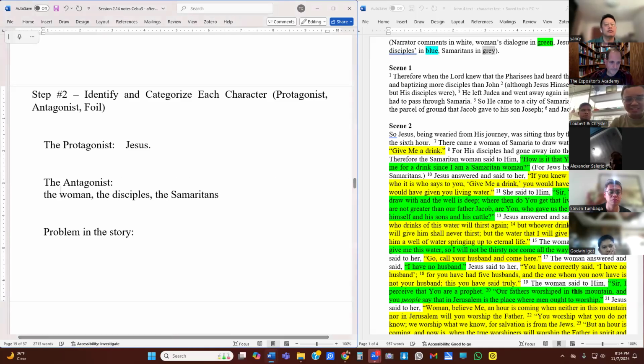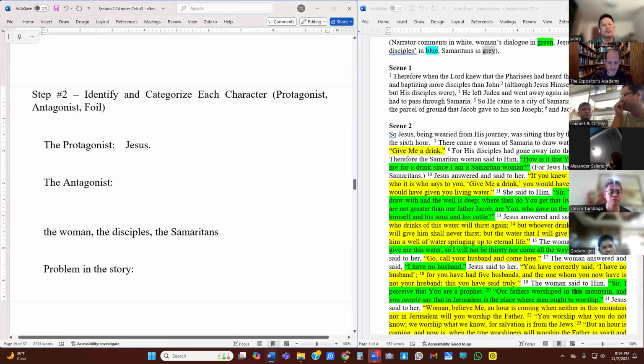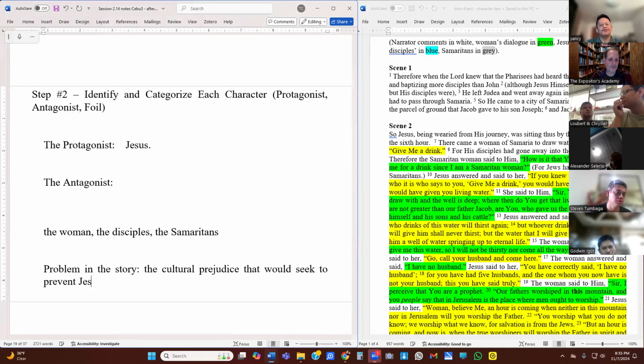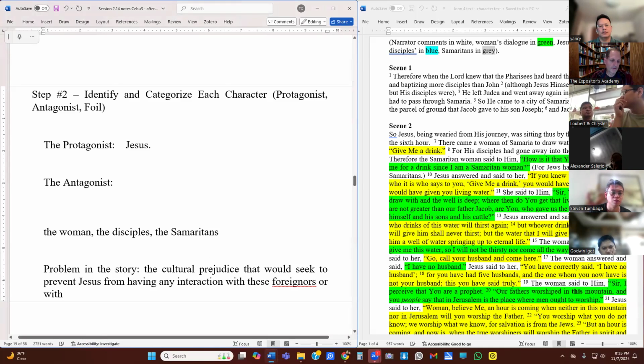The problem in the story is the cultural prejudice that would seek to prevent Jesus from having any interaction with these foreigners or with a woman. I don't think I spelled that right. So I would say the antagonist is the cultural prejudice.